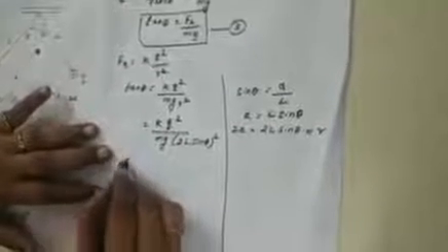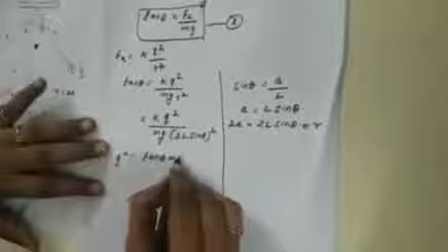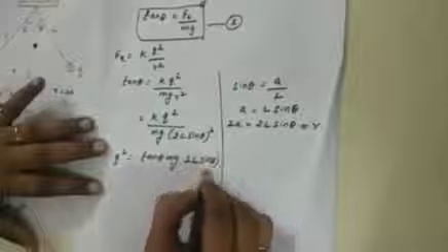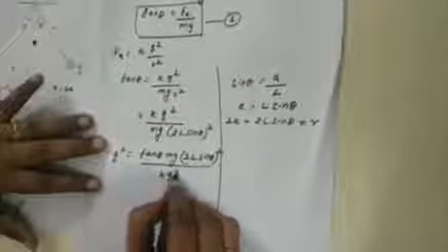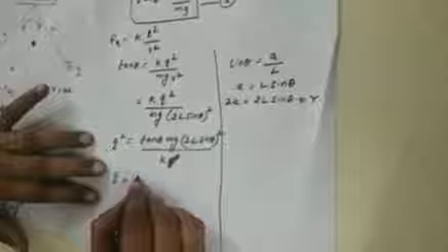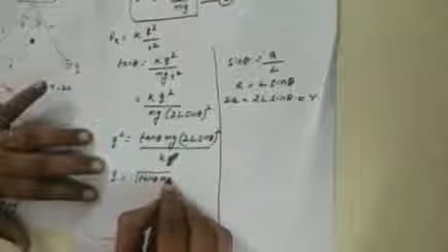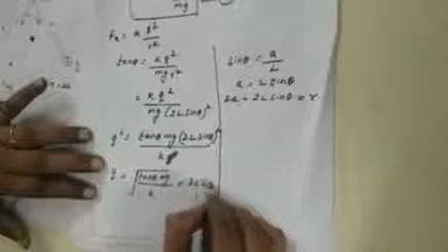So q squared is equal to tan theta mg into 2L sin theta the whole squared divided by k. Then q is equal to root of tan theta mg divided by k into 2L sin theta.